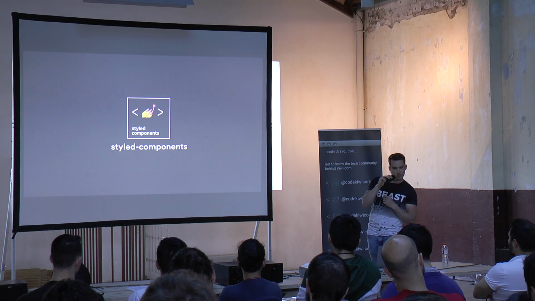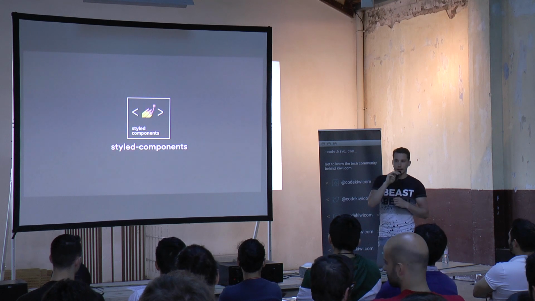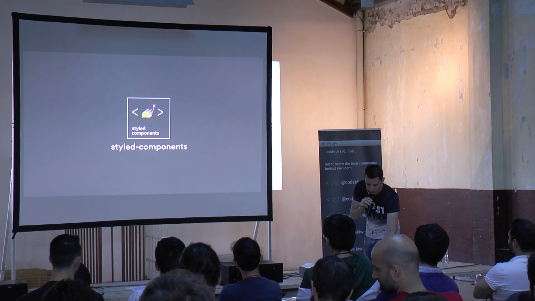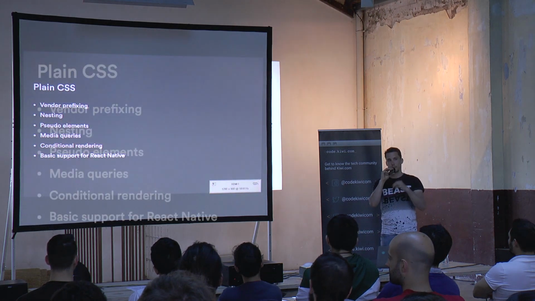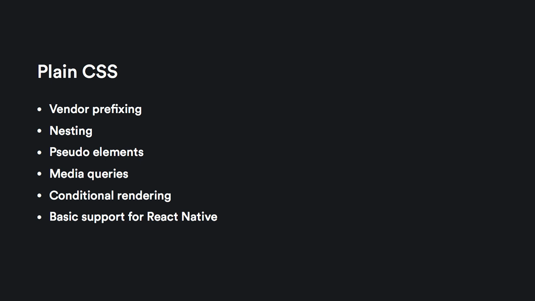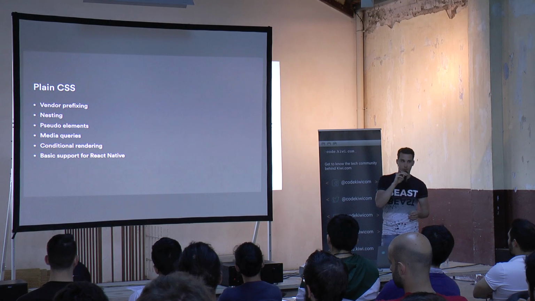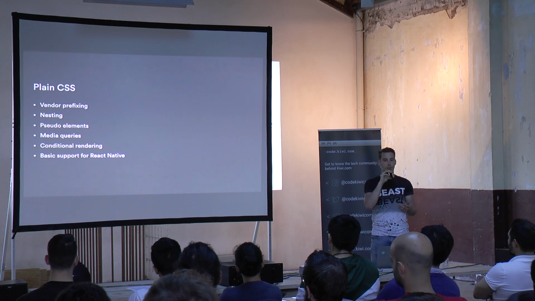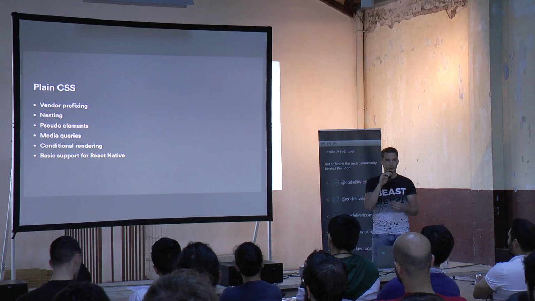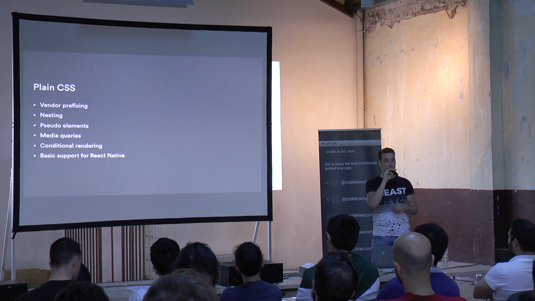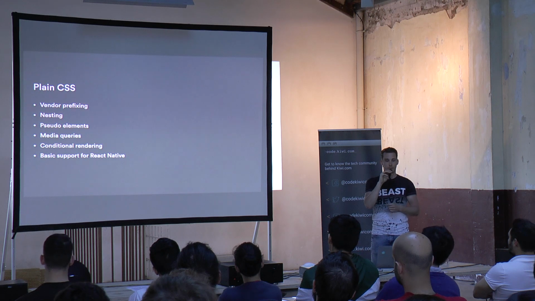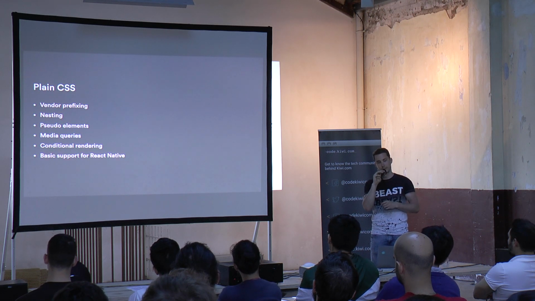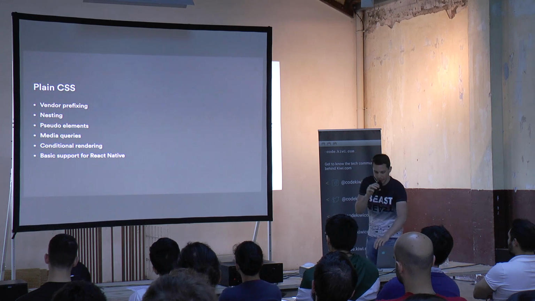And because it's plain CSS, it has many features out of the box like native CSS. So vendor prefixing is solved. We can use nesting, pseudo elements, media queries, and also because it's CSS in JS, we can use conditional rendering, and styled components have some basic support for React Native.